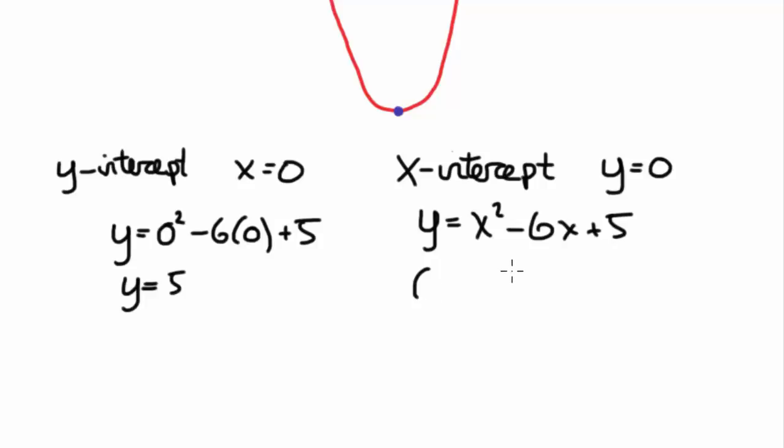So what we can do is open up two sets of brackets, and we'll find out what x equals for both roots. So x times x gives you your x squared. We then need to think of two numbers that when you multiply them together give you 5, and if you add them together or subtract one from another, give you 6.